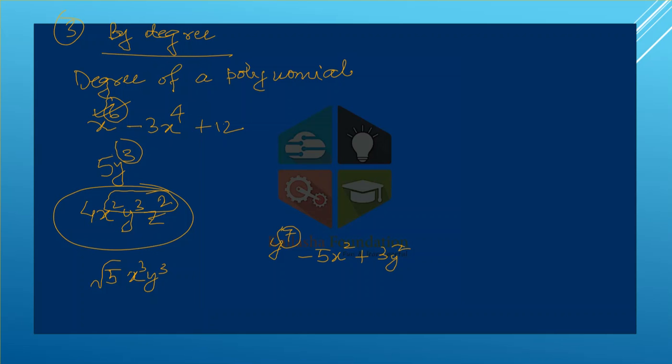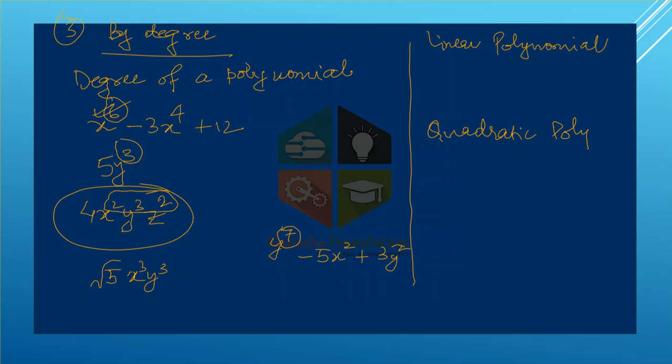Okay, so by the degree of a polynomial we can classify polynomials into linear polynomial, quadratic polynomial, cubic polynomial, etc.